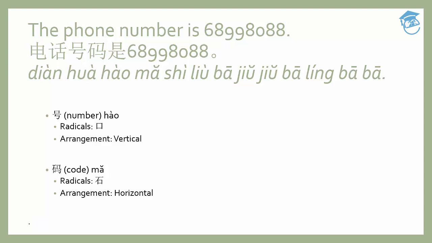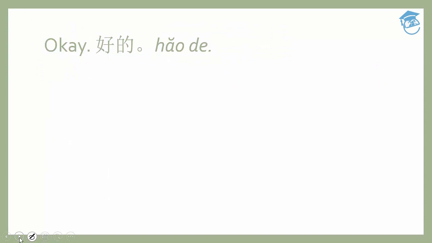We can go to the next slide. So Xiao Li ends the conversation by saying, okay, 好的. You have learned this in the previous slides, so there's nothing new here. It's just to say 好的. Okay, to say okay.